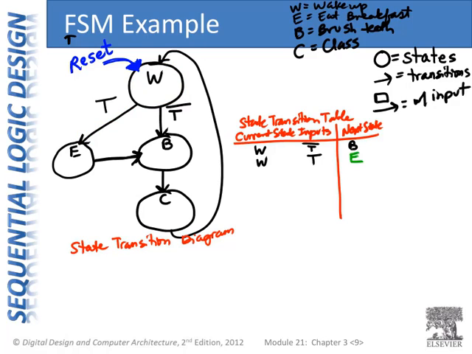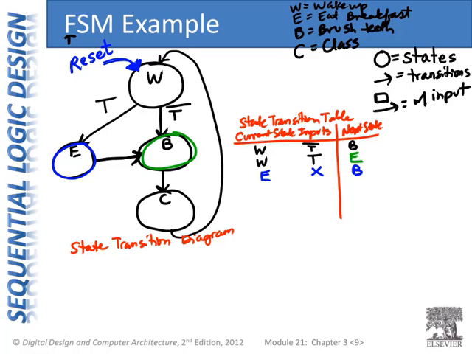Okay, so now we can go on and say, well, what if we're in the eat breakfast state? What should the next state be? Well, independent of inputs, or no inputs here on that transition, the next state at the next clock edge should be the brush teeth state.